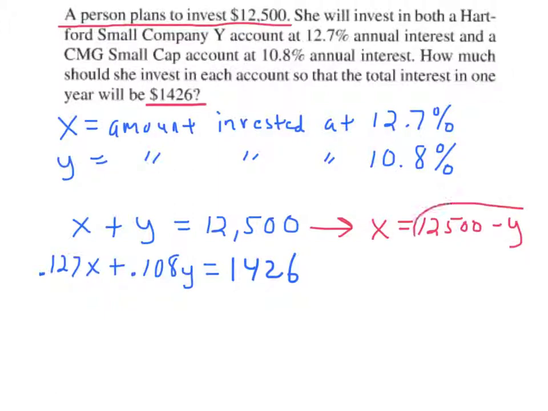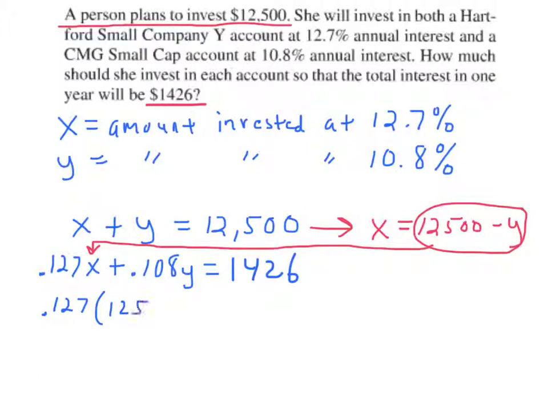And then we'll take that answer and plug it in for X in the other equation. And that would give us 0.127 times (12,500 minus Y) plus 0.108Y equals 1426.